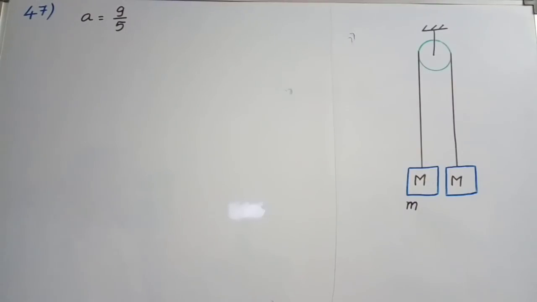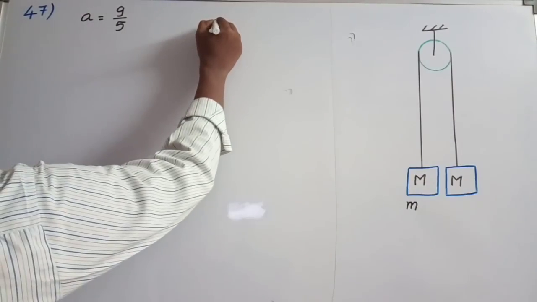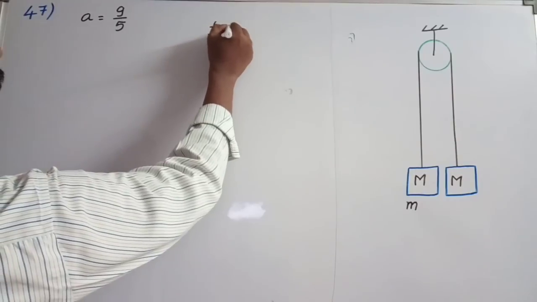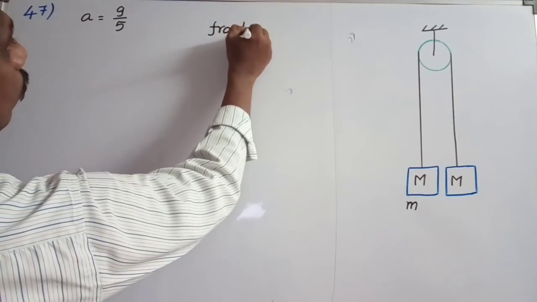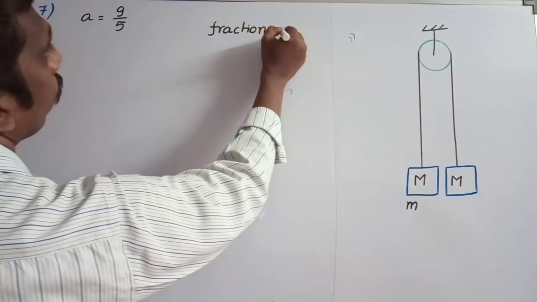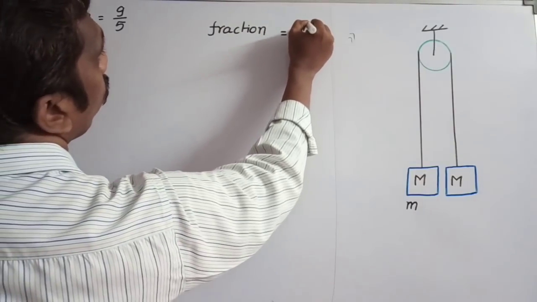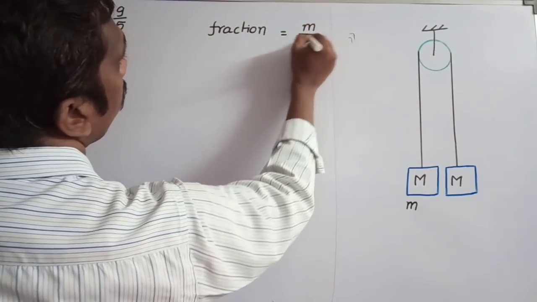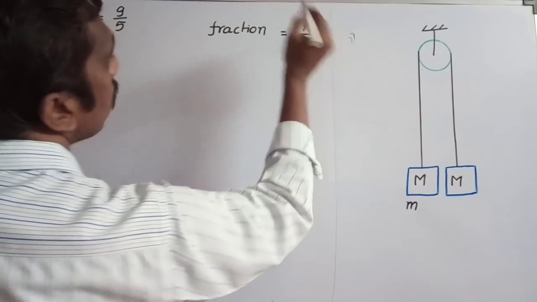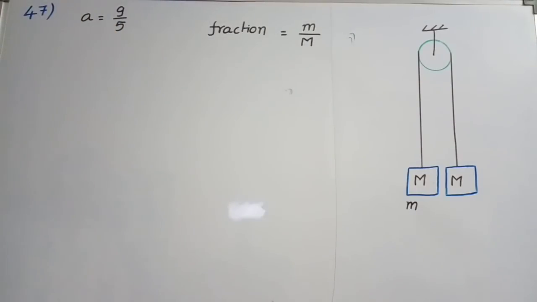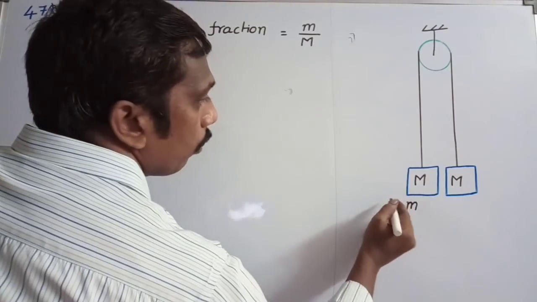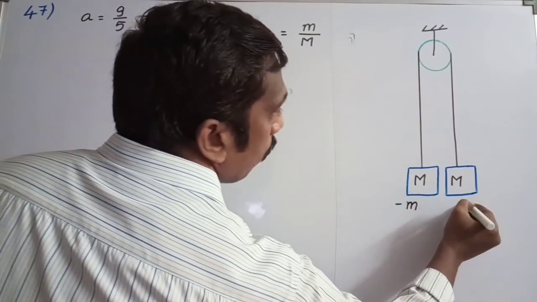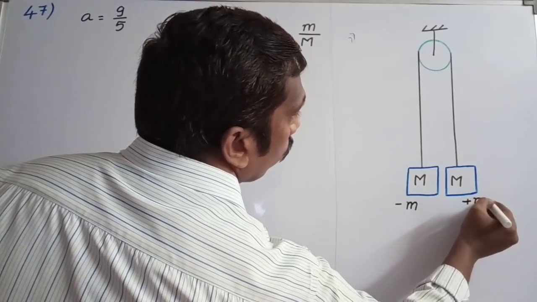Here we have to calculate the fraction of mass. Fraction is equal to removed mass divided by total mass. This gives the fraction. I am assuming small m is removed from this block and this small m is added to this one.